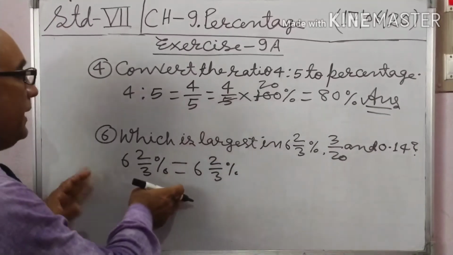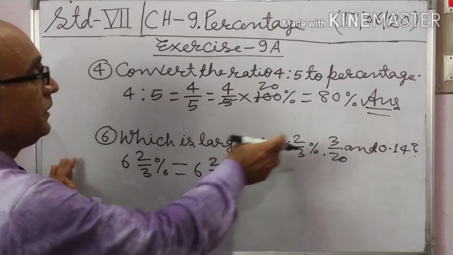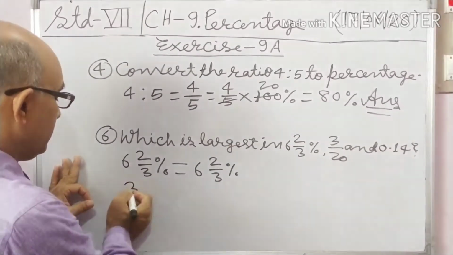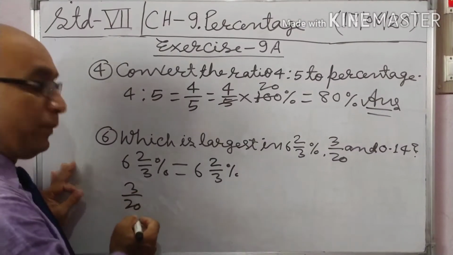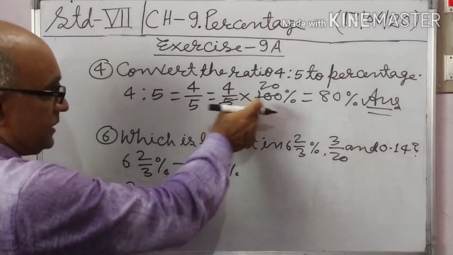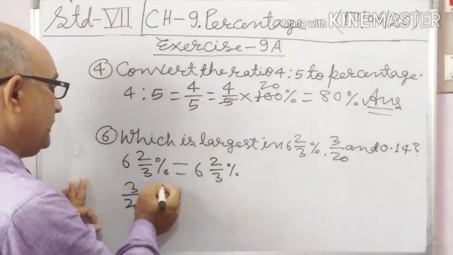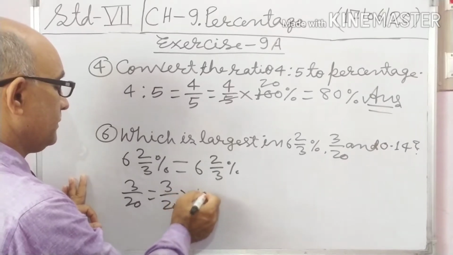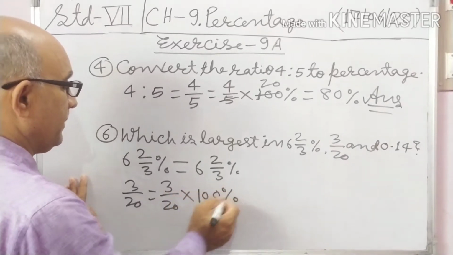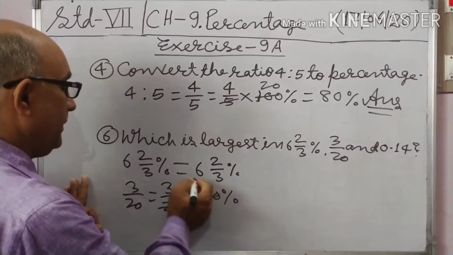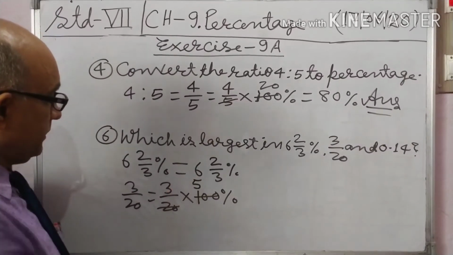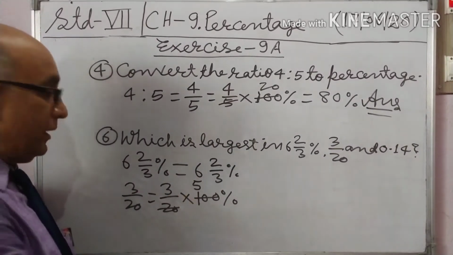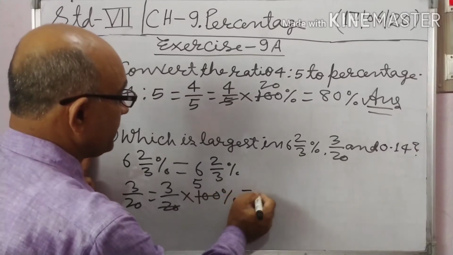Next, it is already in percentage form. 3 by 20 is in fractional form, so by the same method as 4 by 5, we multiply it by 100%. 20 fives are 100, so 5 times 3 is 15%.